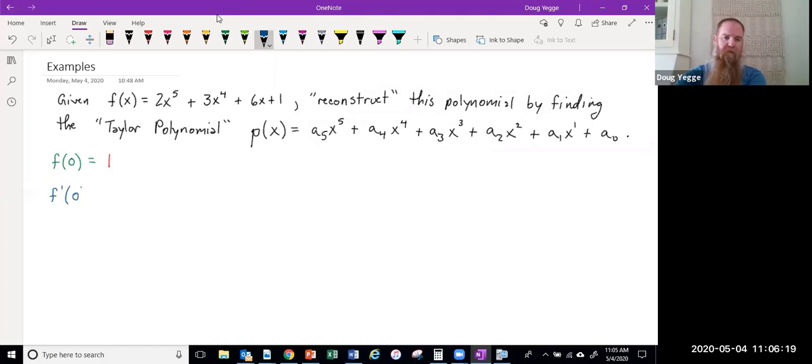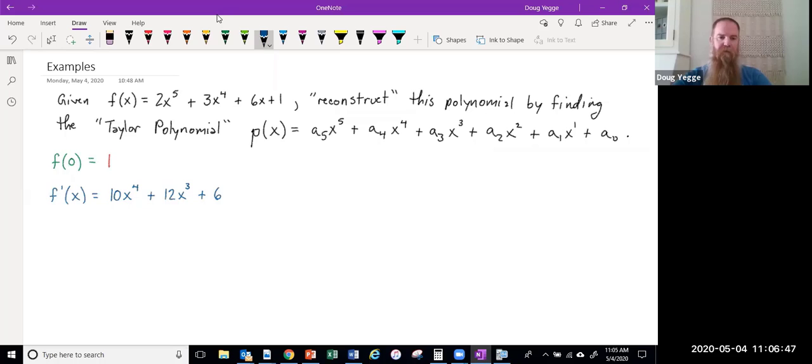So what's f prime of 0? Okay. Well, before we find f prime of 0, we should find the derivative at x and then just plug in 0. So let's find f prime of x, and that's just 10x to the 4th plus 12x to the 3rd plus 6. Cool.